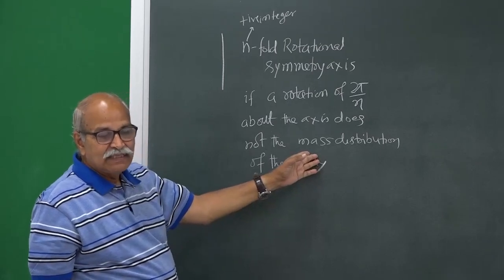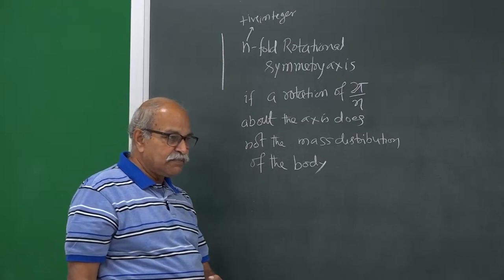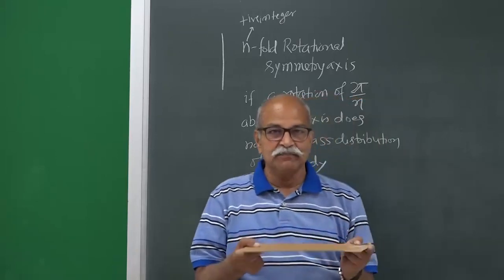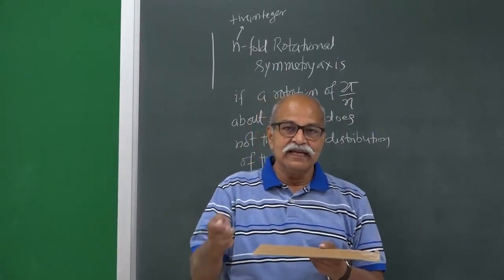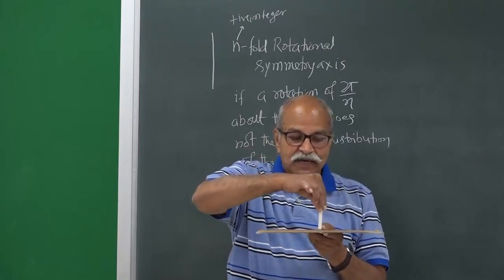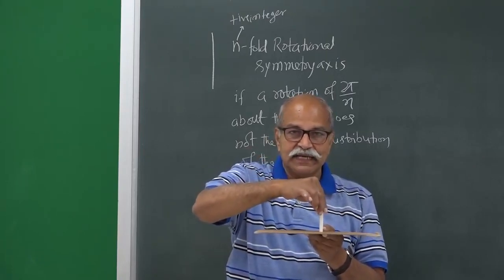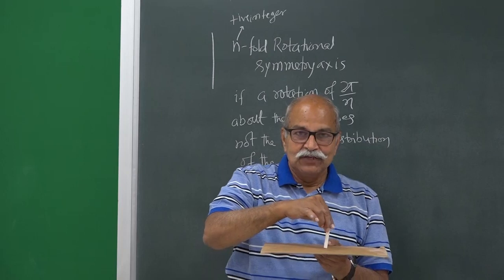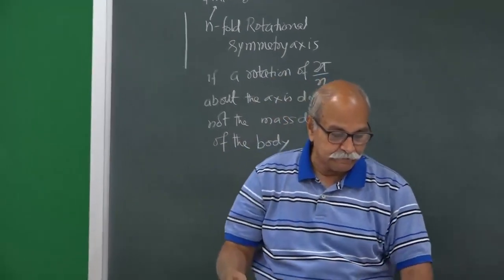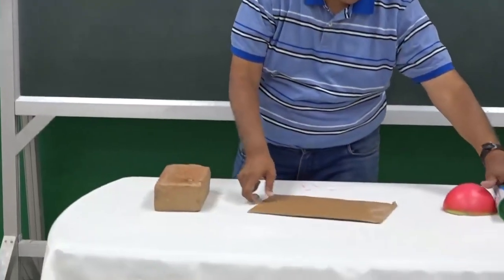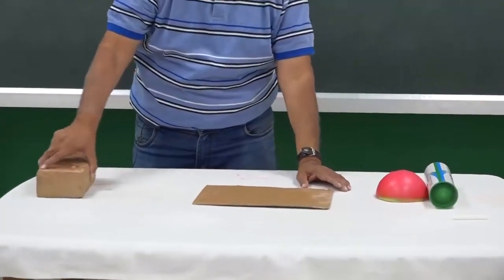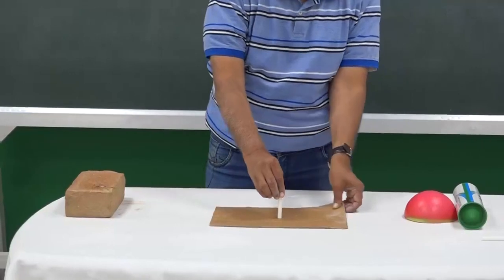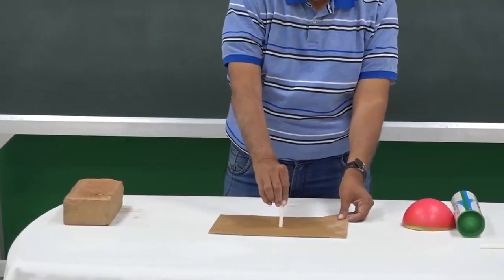So, we can take some simple examples. Suppose you have a rectangular plate, and a line which passes through the center of this plate and goes in the perpendicular direction. Now see the mass distribution, where the masses are.